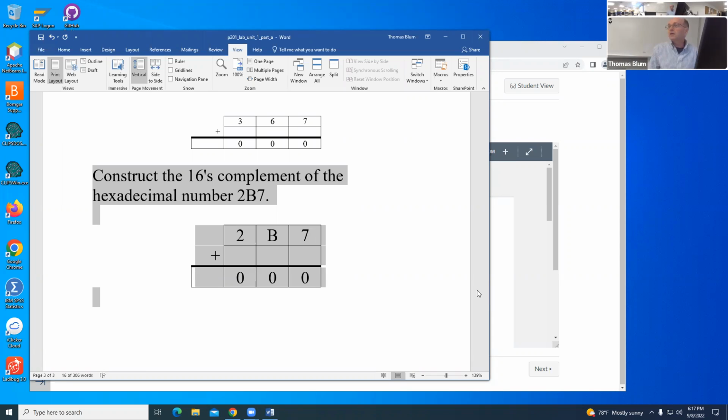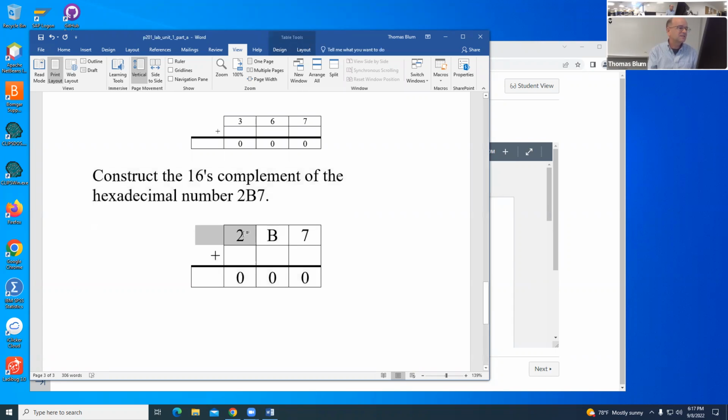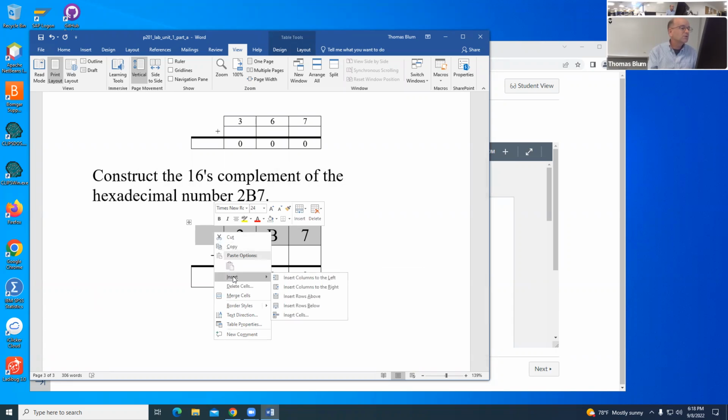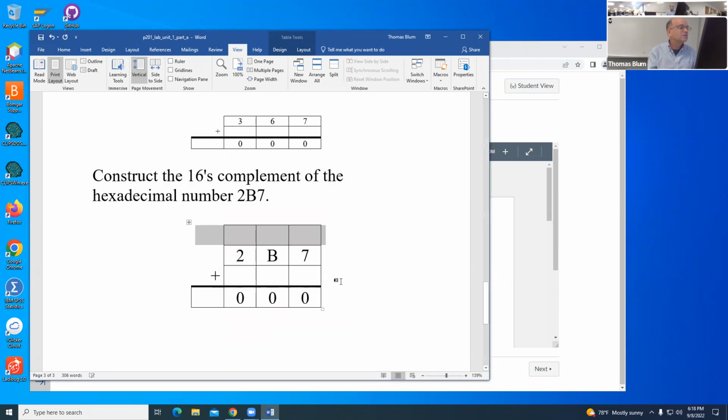I want to do that in this case, but I want to use 16s instead of 2s. I'm going to insert a row above.